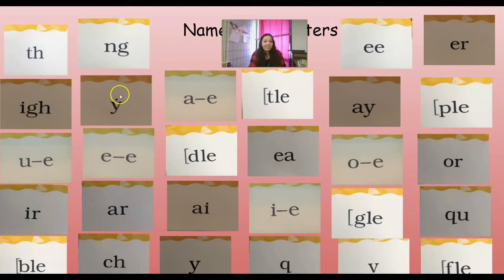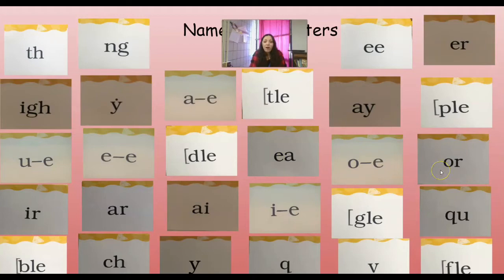Look for the dot. Vowel Y. A consonant E. Final syllable TLE. Digraph AY. Final syllable PLE. U consonant E. E consonant E. Final syllable DLE. Here's our new one. Digraph EA. O consonant E.